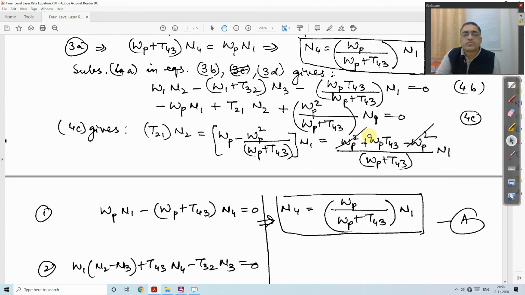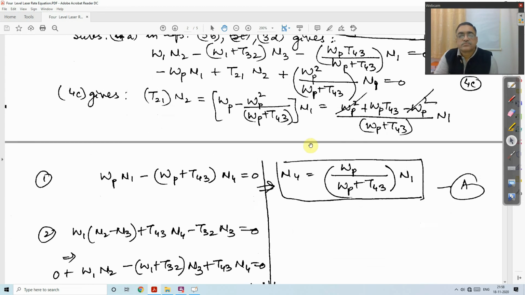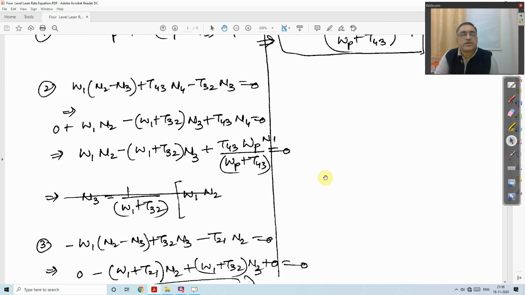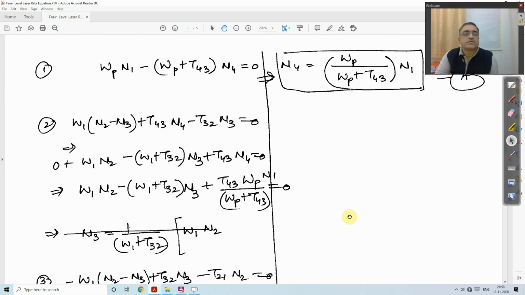N4, now we have again obtained it in these sheets, and the sheets are being shared in the PDF link.